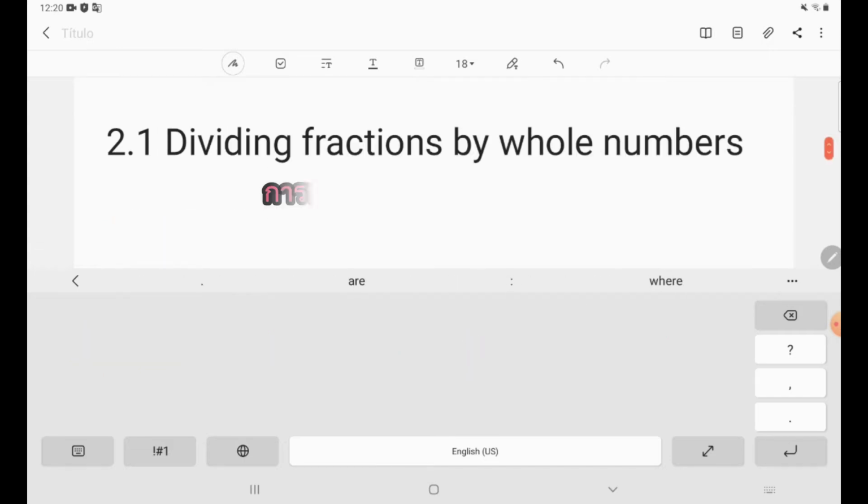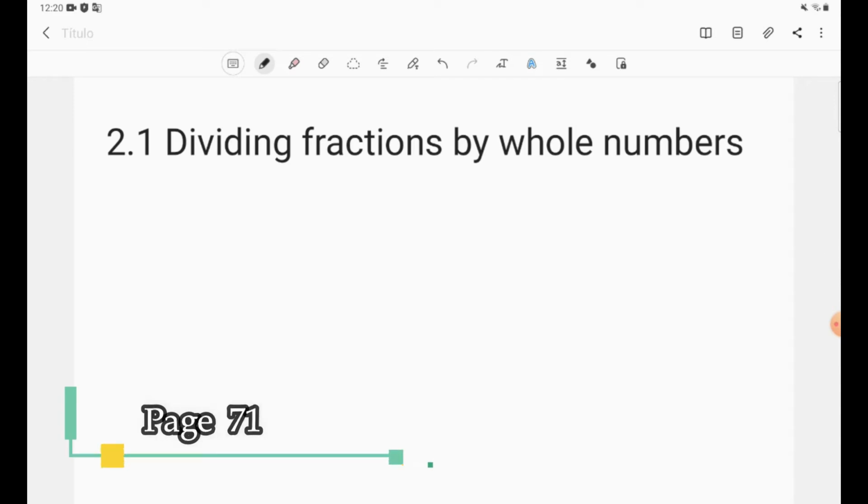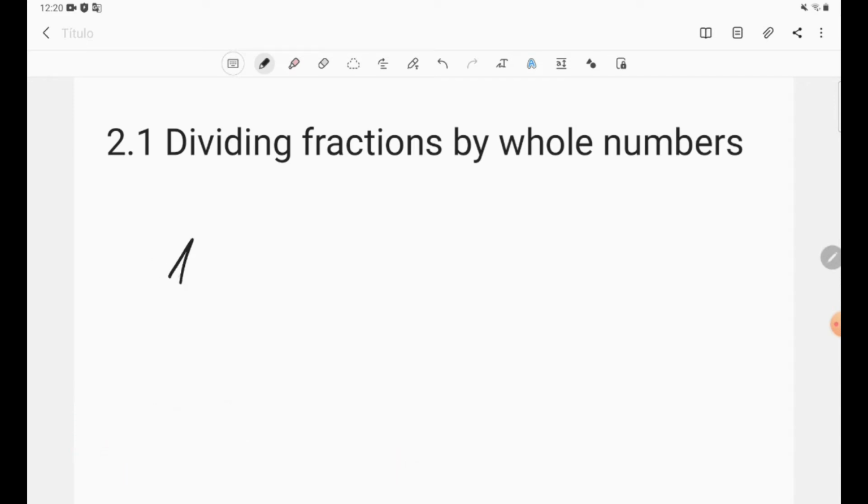How to do that? So here we have an example on page number 71. On page 71 we have an example of this operation. 1 over 2 divided by 4.